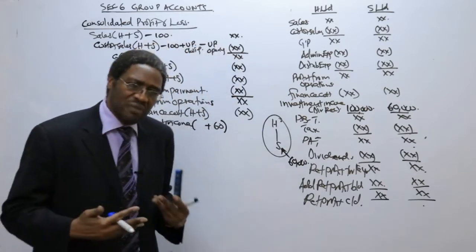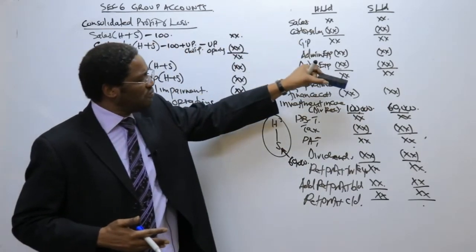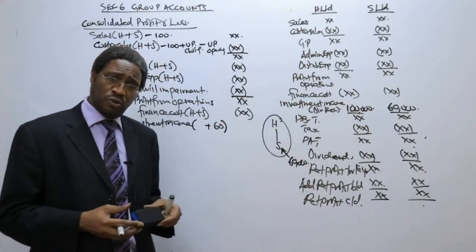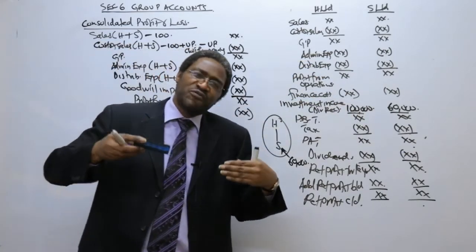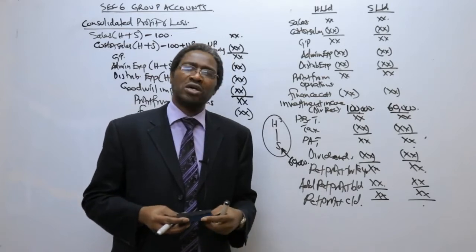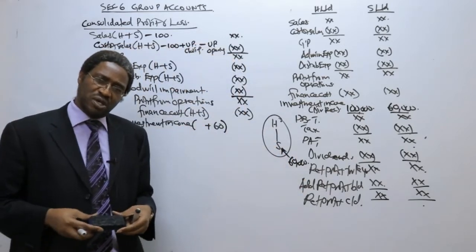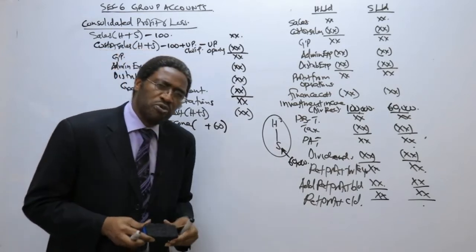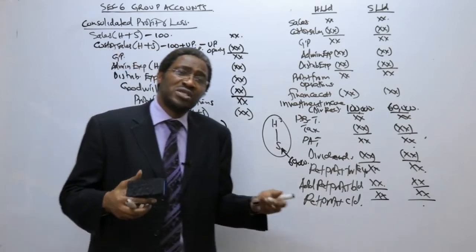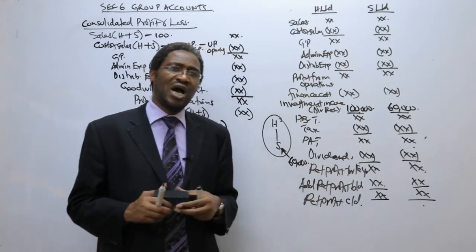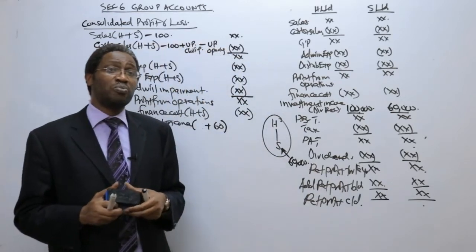How to determine whether part of this 100,000 the holding is reporting came from within the group, or nothing came from the group, or all of it could have come from the group. So I hope you still remember how we were reconciling to see how we determine the group investment income.